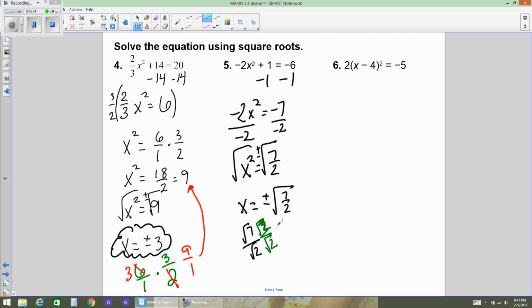Got to remember to write slow here. So what I get then is the square root of 14 over the square root of 4. The square root of 4 we know is 2. So your answer should be the square root of 14 over 2. It's got a plus or minus in front of it. And it is an x value, so it should say x equals.